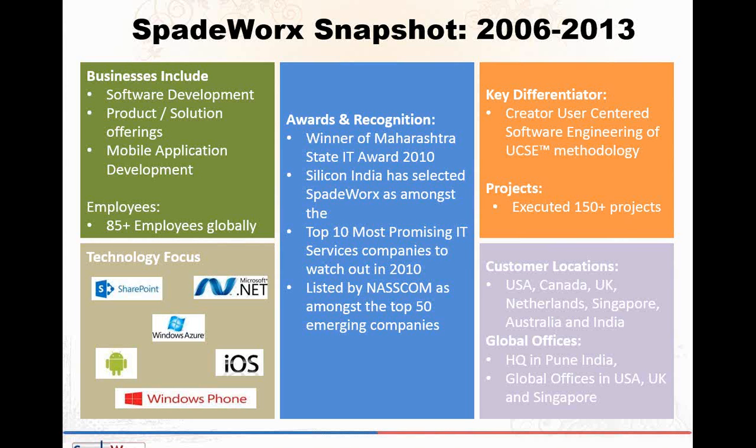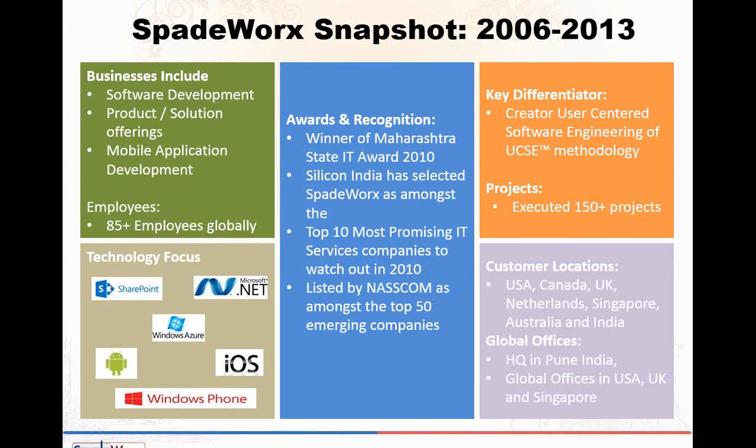Today, SpadeWorks has around 85 employees spread across geographies, primarily in India and the US, and over 150 projects have been delivered to various customers located in the USA, UK, India, Australia, and Singapore. The primary delivery center and headquarters is in Pune. However, we also have offices in the USA, UK, and Singapore.